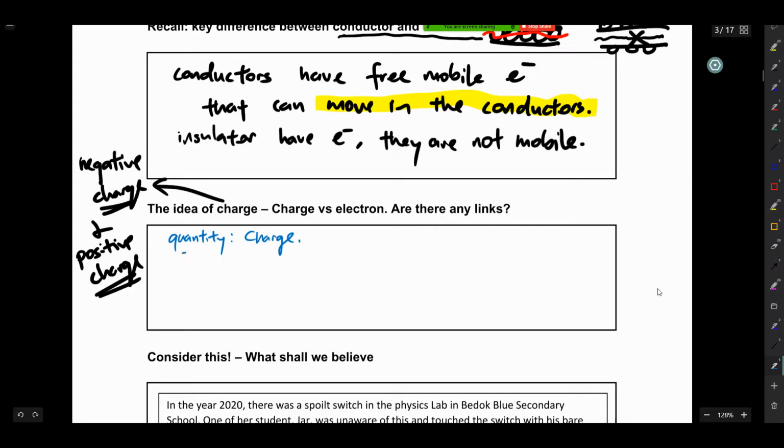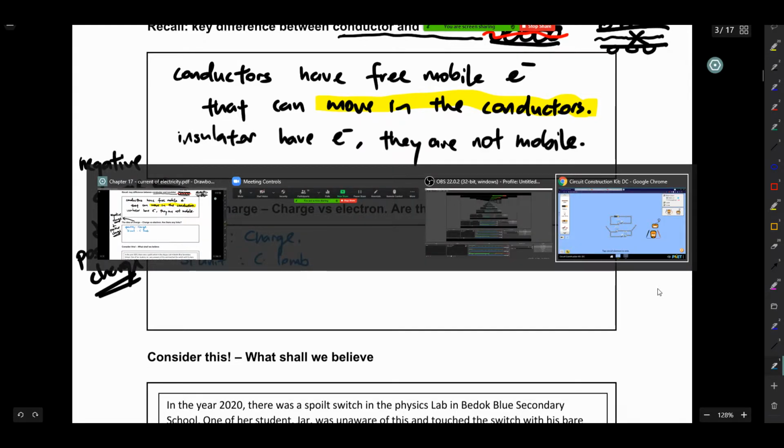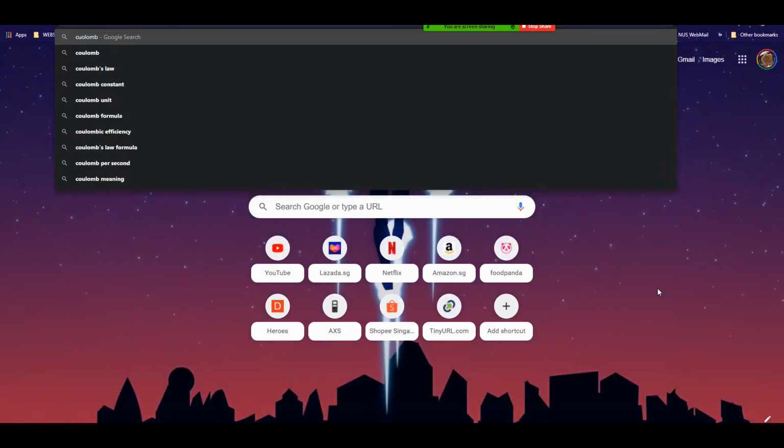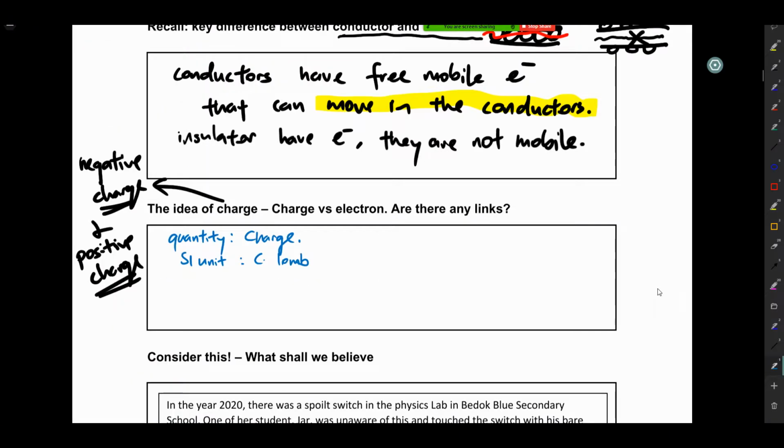This quantity has an SI unit called the coulomb, and the symbol for the coulomb is C.